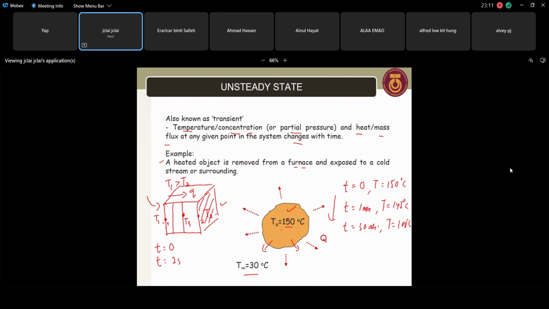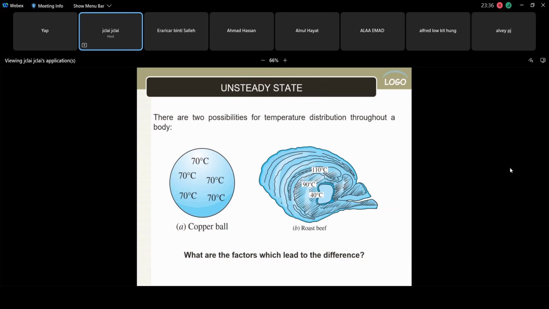When this object, or in science we call it a body, is removed from the furnace and put in the surroundings at a temperature of 30 degrees Celsius, there are two possibilities regarding the temperature distribution throughout the body.